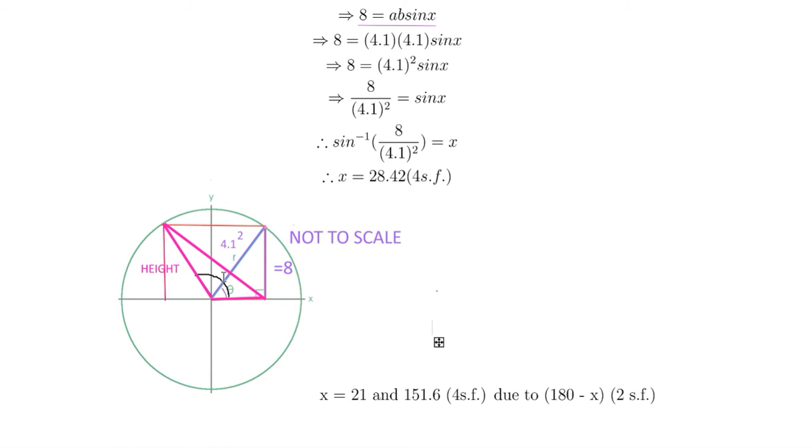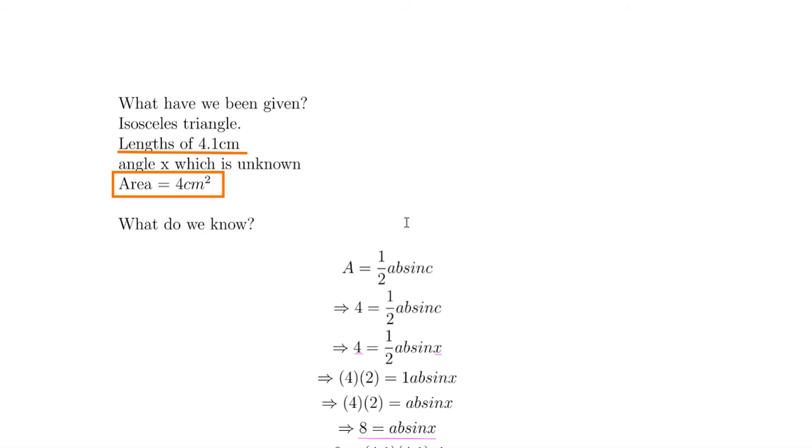Then this angle that's producing this pink triangle should be able to manifest the same output, the same relationship of 8 to 4.1 squared, opposite to 4.1 squared. Thus, as a result, we should still produce a situation in which you'd have an area of 4 centimeters squared and two lengths of 4.1 centimeters.